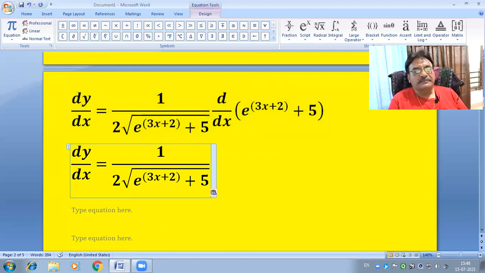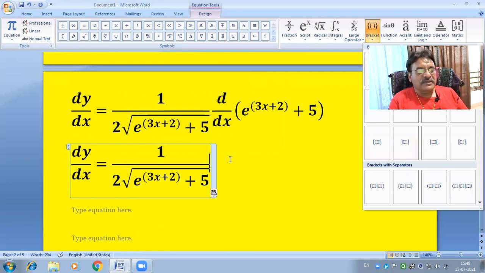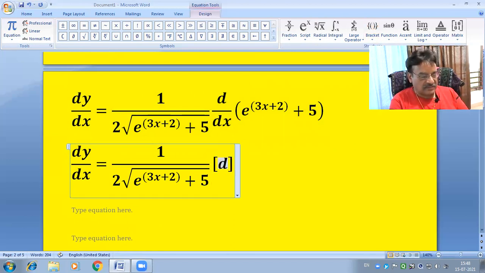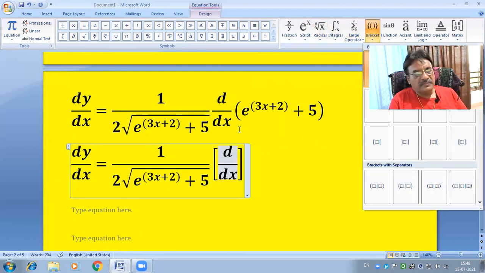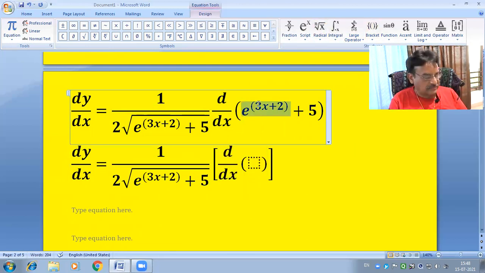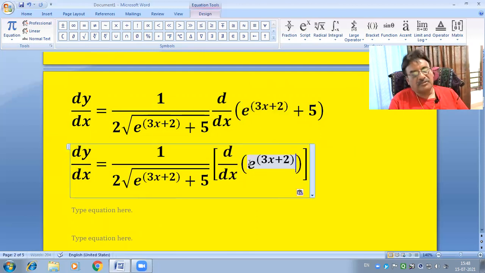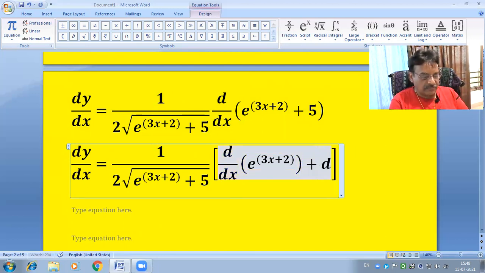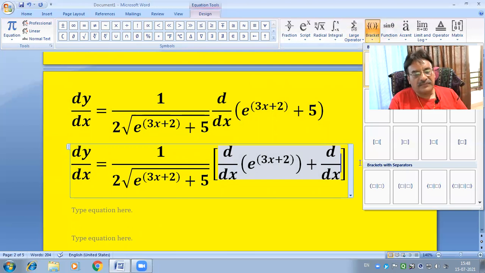So we write here, using the addition rule, d/dx of e to the power 3x plus 2, plus d/dx of 5.